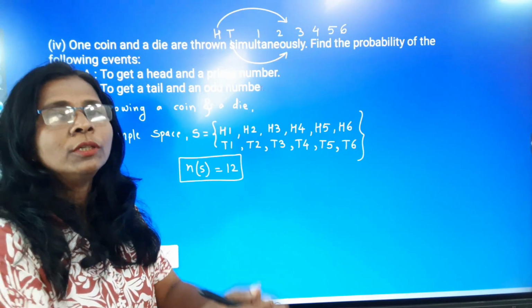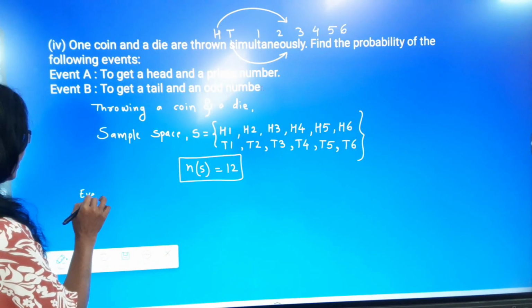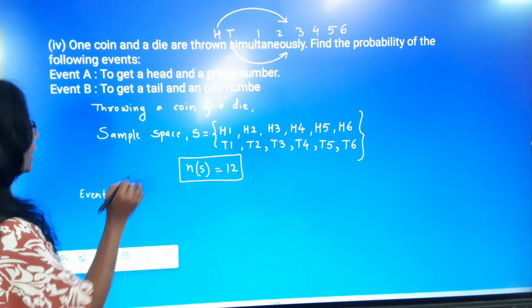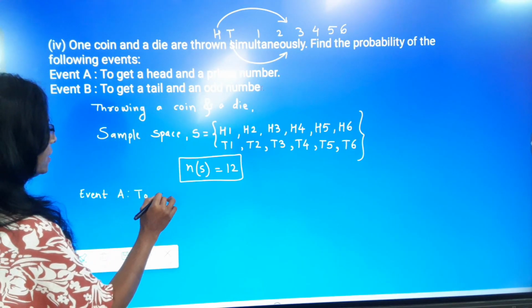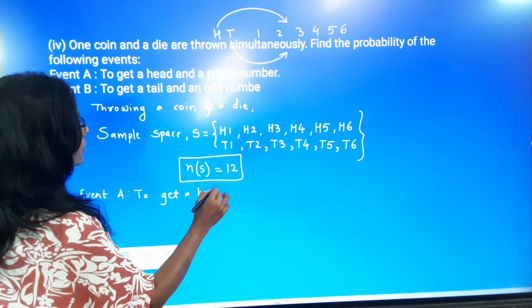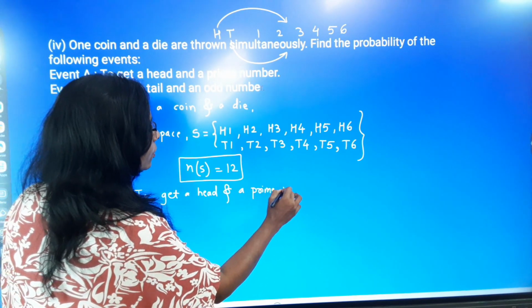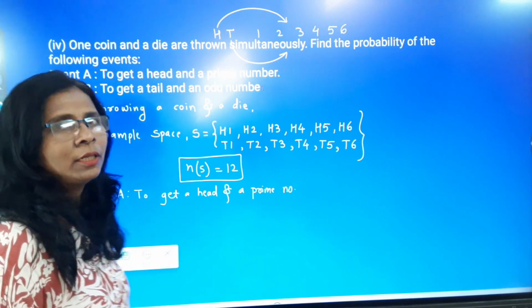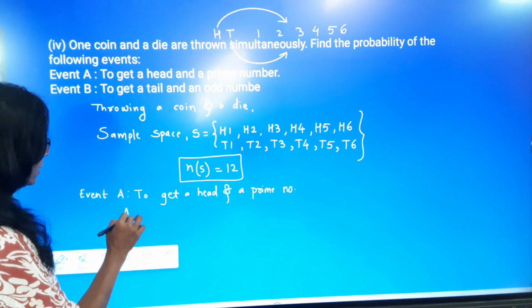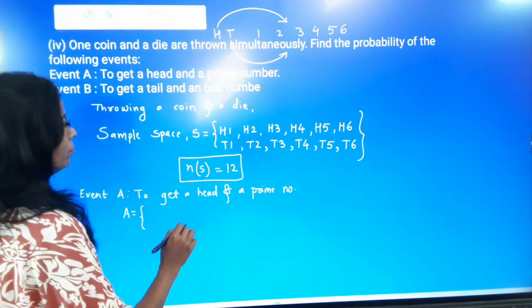Now come to event A, to get a head and a prime number. In the set of A, we write head and prime number.